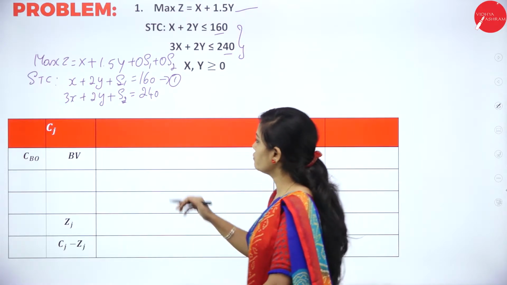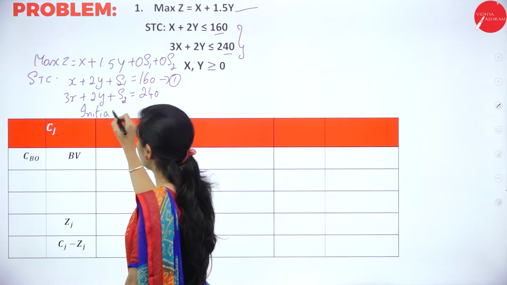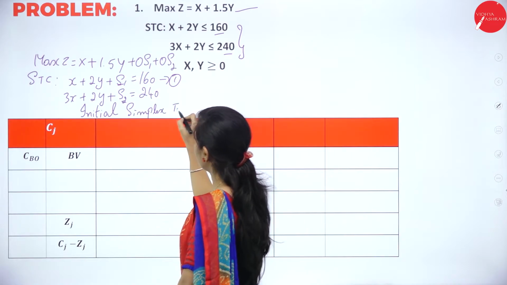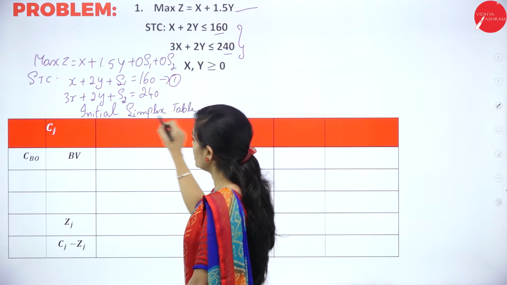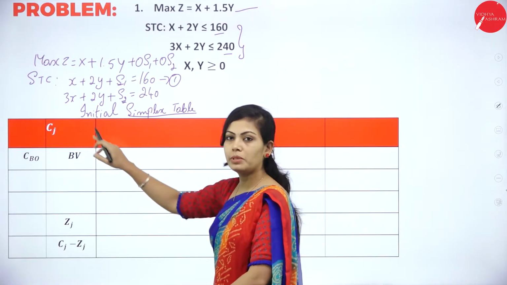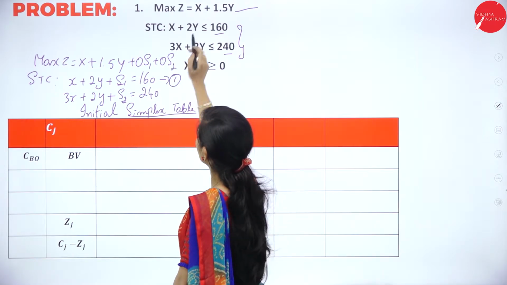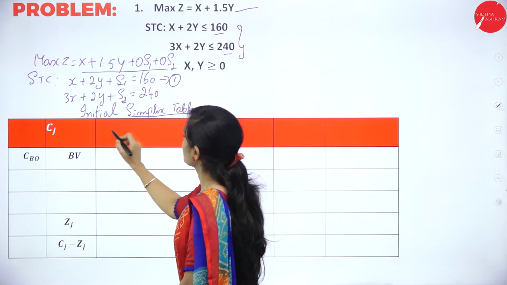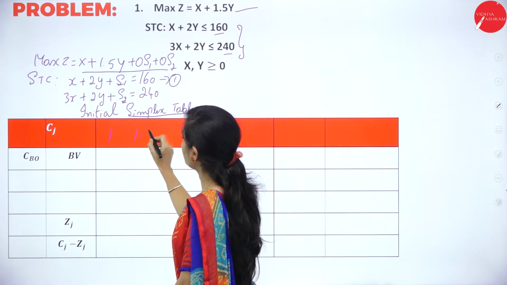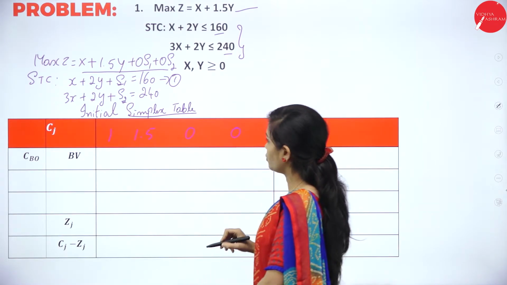Then after that we have to find the initial simplex table. In the initial simplex table, just write this table first, and the common thing is Cj, that means the coefficients of the objective function. So what are the coefficients of this objective function? Coefficient of x is 1 and y is 1.5, and s1 is 0, s2 is 0.